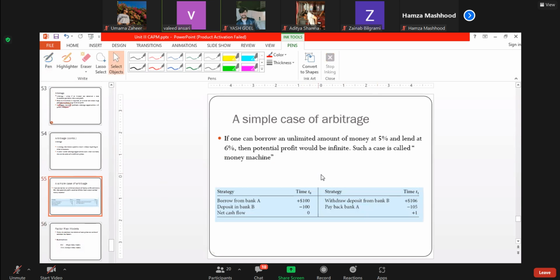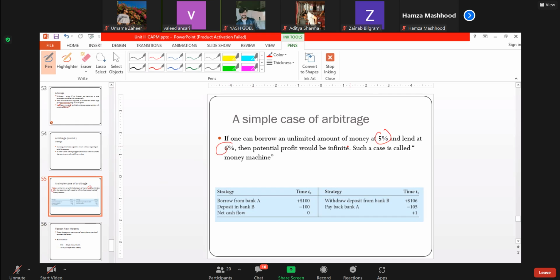Let us take an example to understand why. Let us say one can borrow an unlimited amount at 5% in the market, and deposit at 6%.